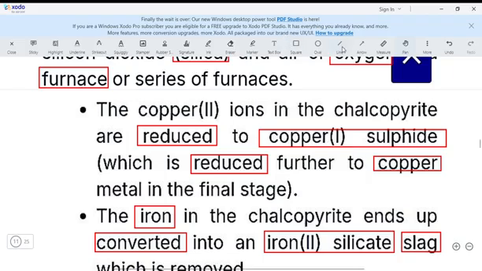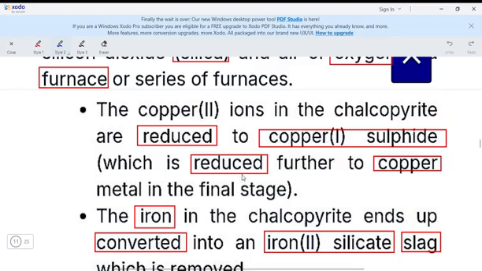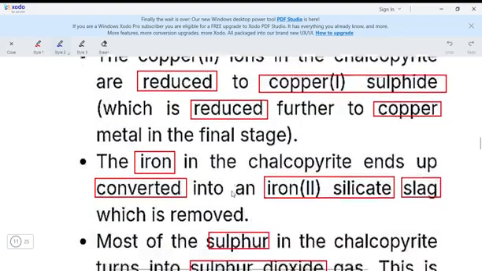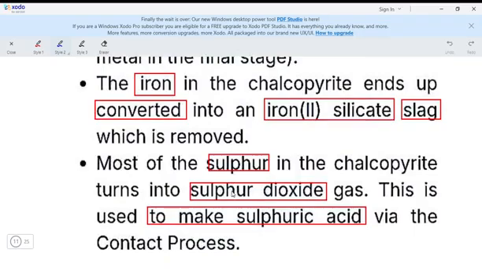So the S2 there will be reduced to S. That means from copper 2 to copper 1, and that is what we call a reduction process. Another thing is the copper 1 sulfide will be reduced again to copper, and that's the final stage. So this will still be explained using the chemical reaction.